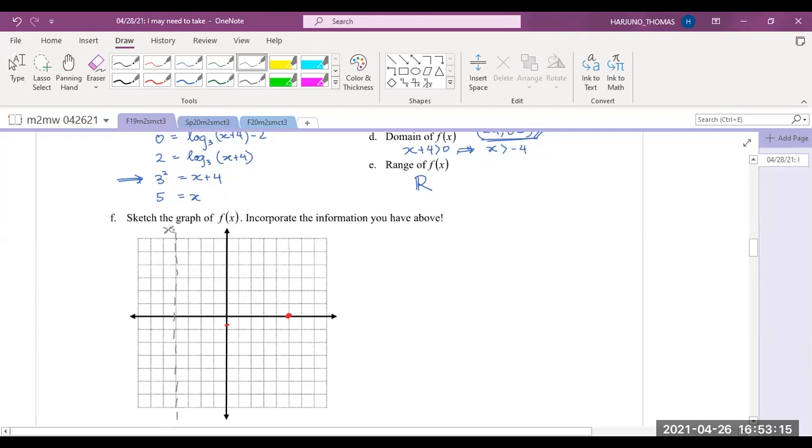This is x equals negative 4. But this is not enough though. We need more coordinates. And that implies, in this case, we need the 3 important coordinates.